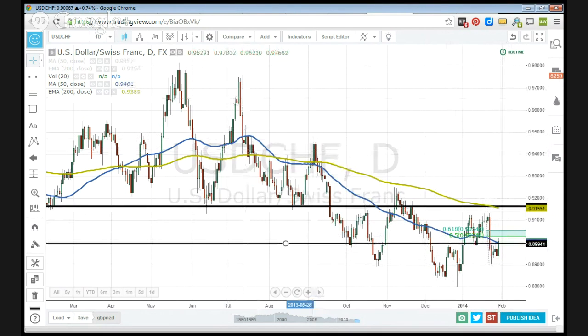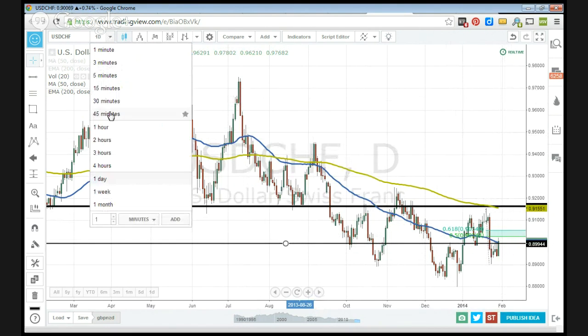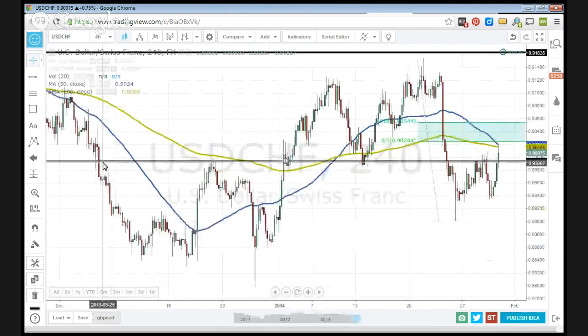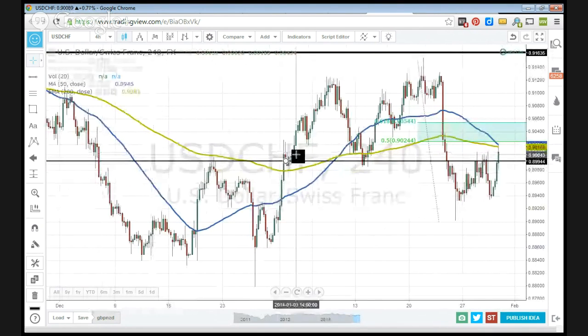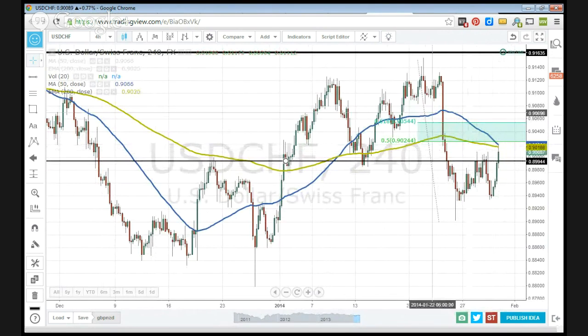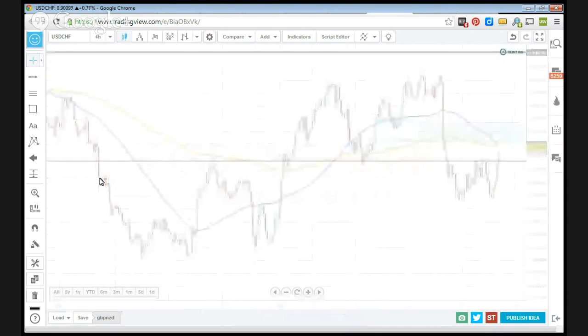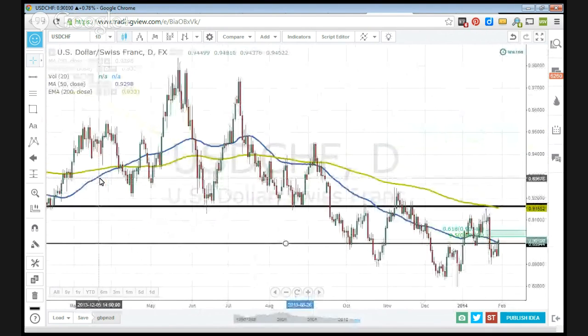Let's take a look at the 4-hour chart. Okay, so price is responding a little bit to the convergence of the 50 and 200 EMA on the 4-hour chart. However, I still want to wait a little bit. Let's see how this daily candle closes, and there might be an opportunity tomorrow.